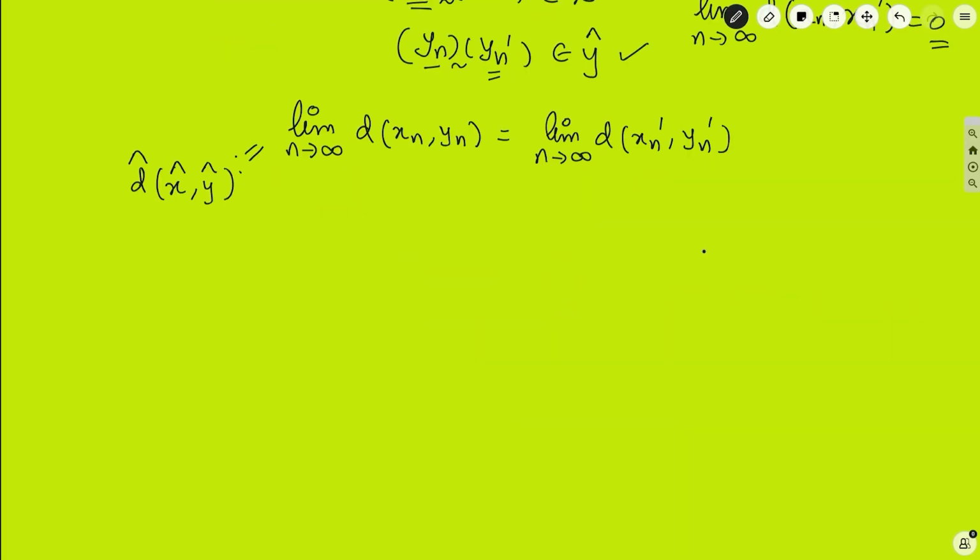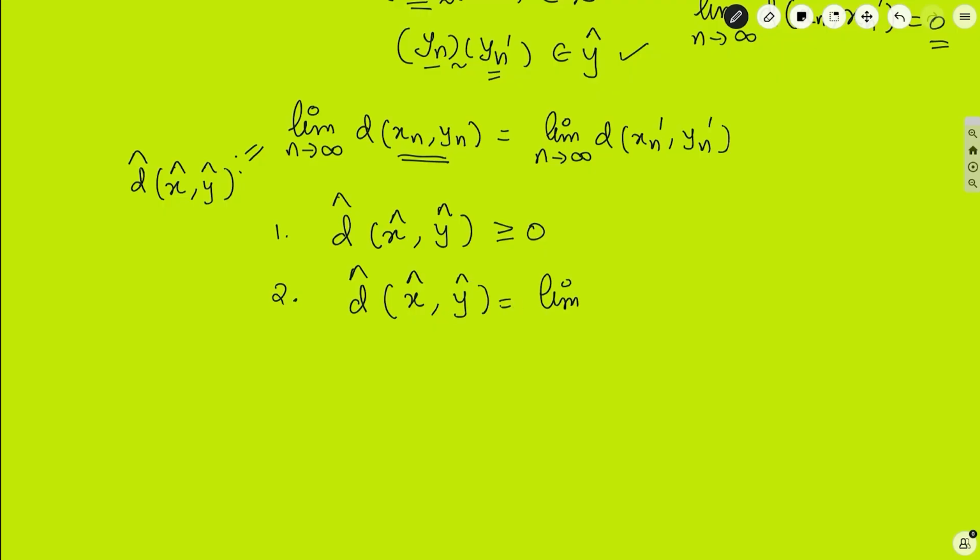Is it a distance? Well, first, note it's a limit of distances. Distance is always positive. If you take the limit, it's again going to be a non-negative number. The second thing to note is that if you calculate the distance between x hat and y hat, that's nothing but the limit as n approaches infinity of the distance between xn and yn.